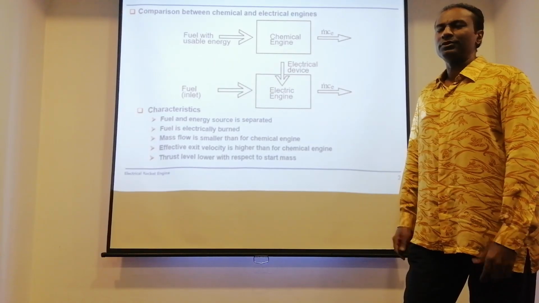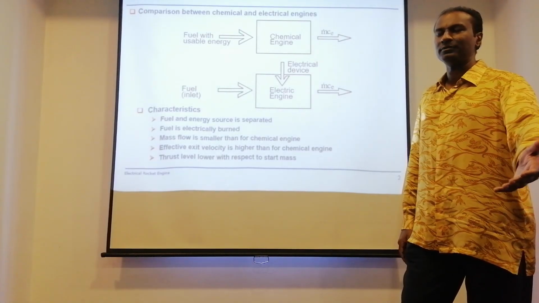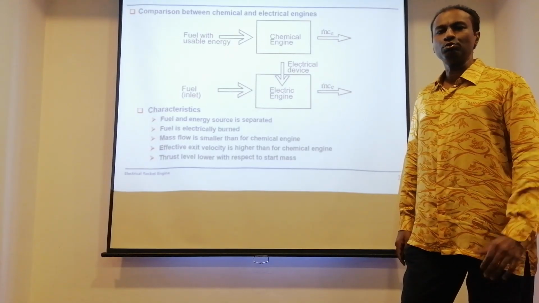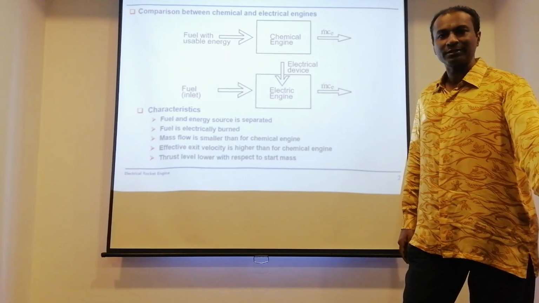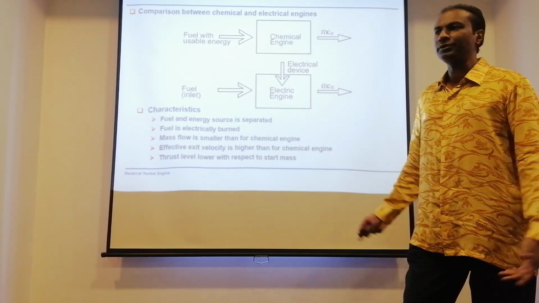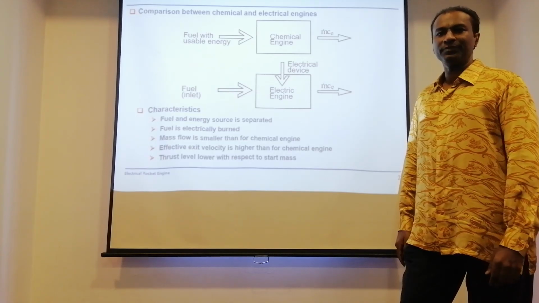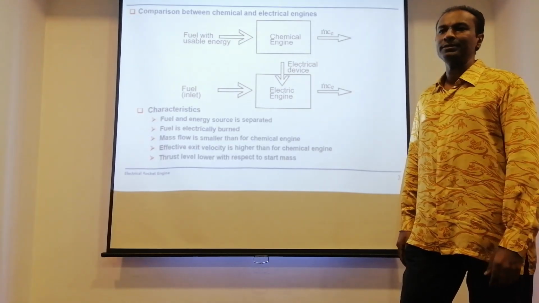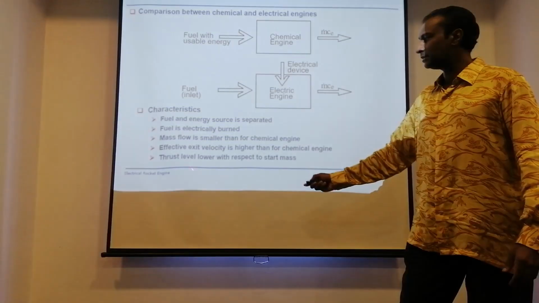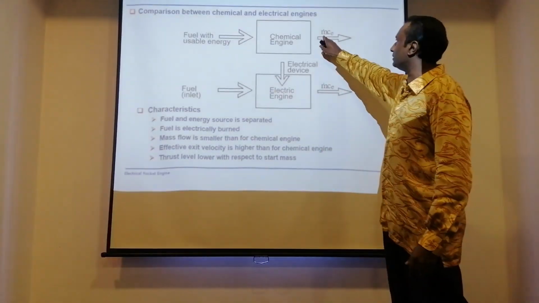So if you ask me, before we go further, can we use electrical systems for rockets to start? I don't think so. It is not as good as boosters. It's not as good as my chemical engines, my liquid engines. I can't, because I actually need a very high thrust level. I need a very, very high one here.